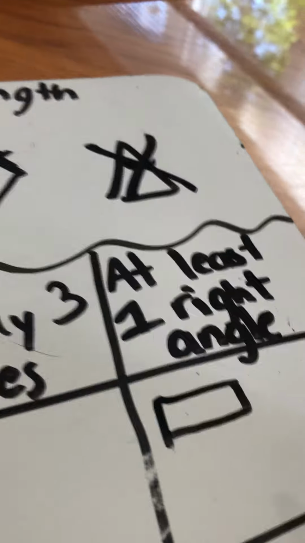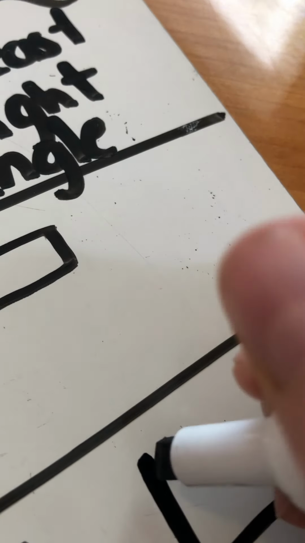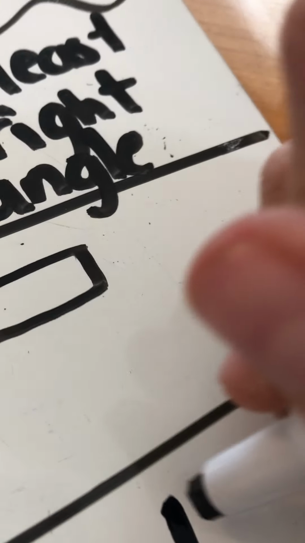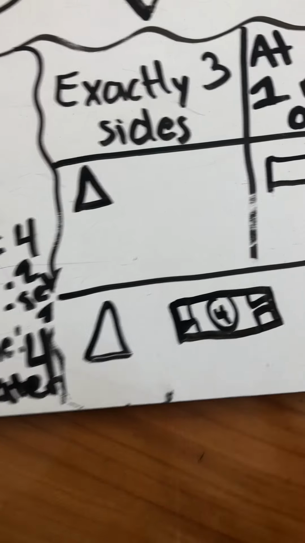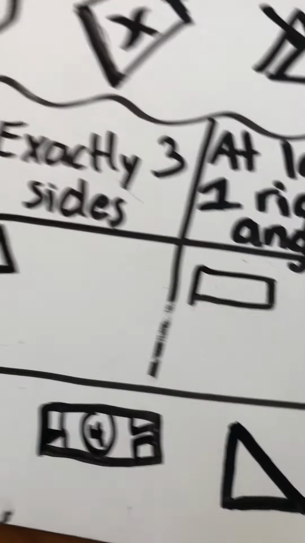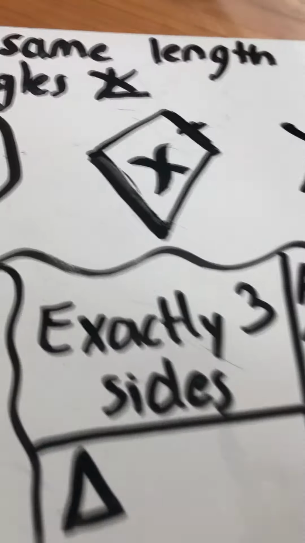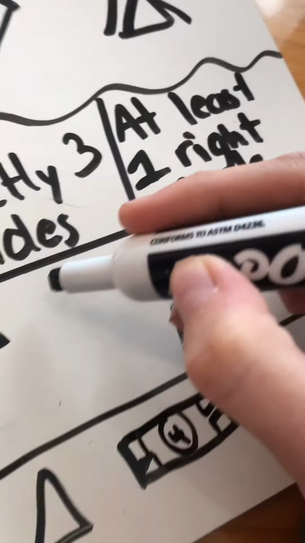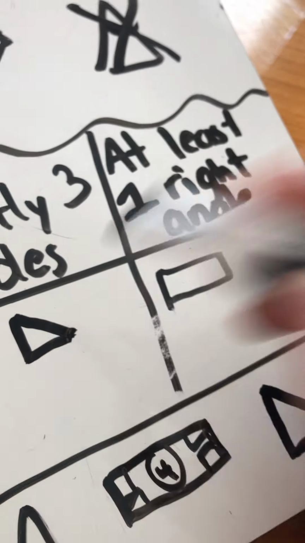All right. Let me trick you guys a little bit. Let's look at this shape. I'm gonna try to draw it the best I can. Okay, another type of triangle, but it's a little bit different than this triangle. Let's see, does it have exactly 3 sides? 1, 2, 3, yes. So this shape, you guys are gonna be dragging them. You don't have to draw them like Miss Tyler's doing. This shape would go here.